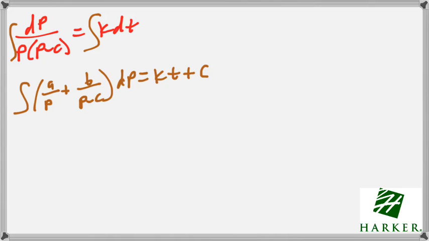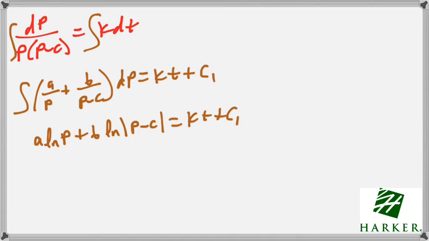Got to think when you're doing these. Sorry. I'll find a and b later. So this is going to be a natural log of p, population is positive, plus b natural log of the absolute value of p minus c, because p is between 0 and c, equals kt plus c1.